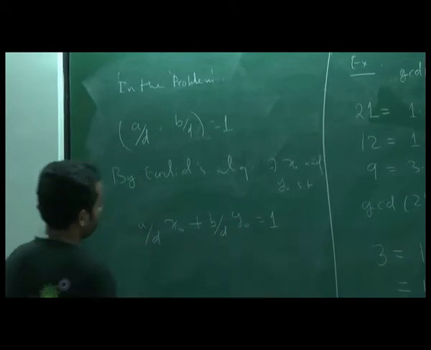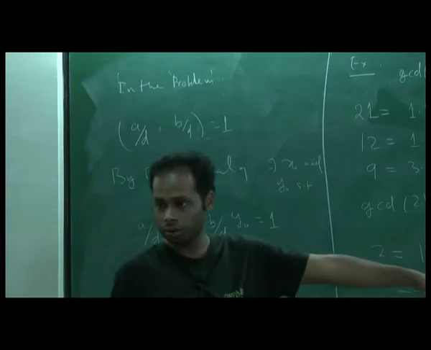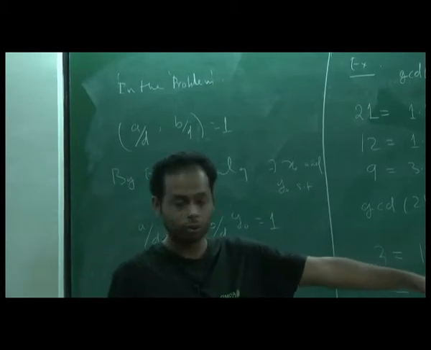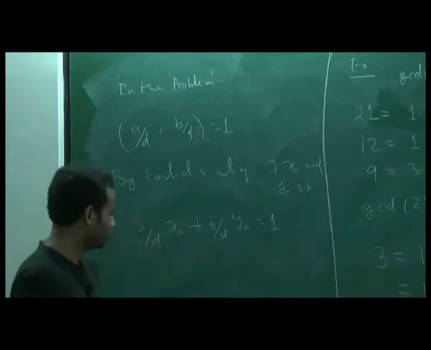1. Now we want to solve that equation. What should we do now? We'll multiply both sides by C by D, right? Then we'll solve that equation.